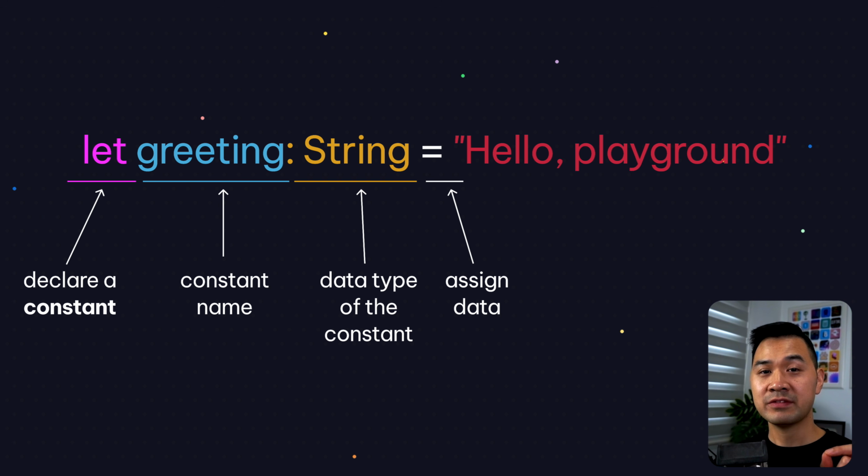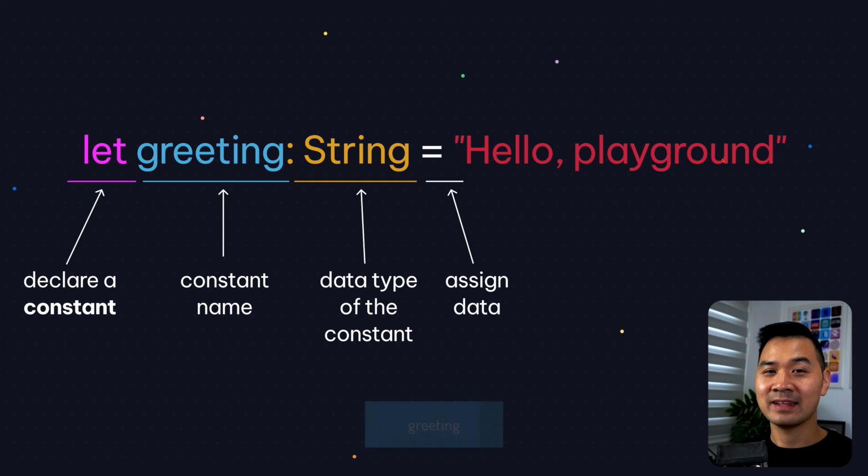The only difference, there's one single difference, is that with a constant, you cannot reassign data to it. Once you assign data to it, it is constant. You're guaranteed that that is the piece of data that it's affixed to.